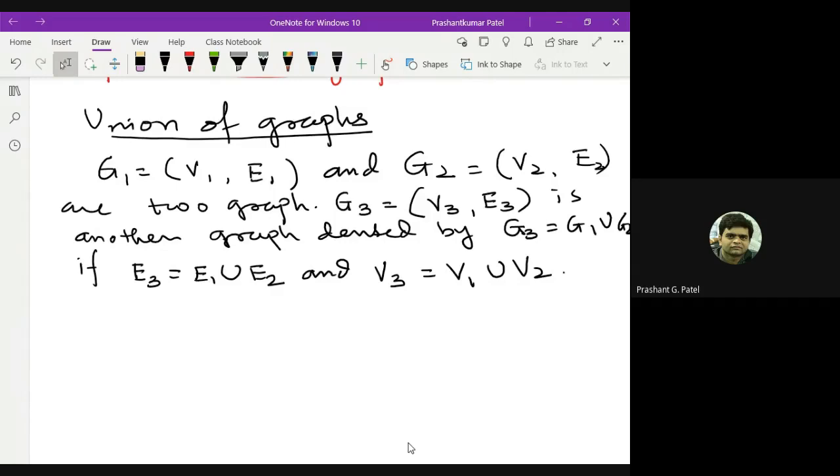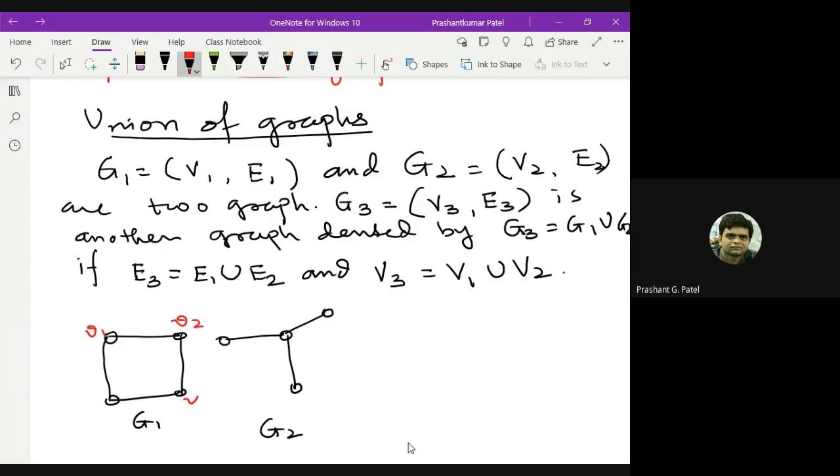Let's take an example. Suppose this is a graph G1. Another graph I'm saying is G2 here. This is the graph G2. If I denote the vertices as V1, V2, V3, V4, you can see that V1, V2, V3 are isomorphic to these three vertices, so I am just using the same index.